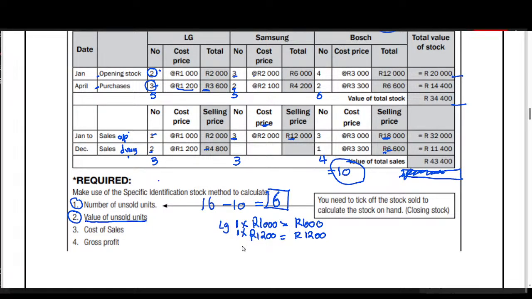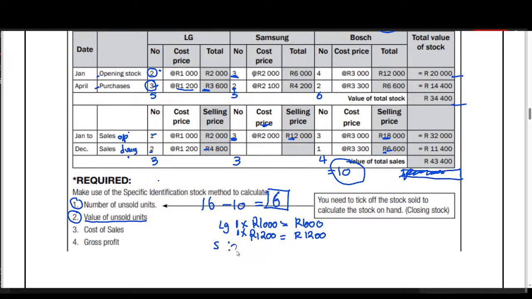Then we can go to Samsung. I'll just use letter S. In Samsung, we had 3 items from the opening, and those 3 items were sold. We cannot count them as unsold units. Okay? But look at the 2 units that we bought during the year. How many units? There are 2. Did we sell them? No, we did not sell them.